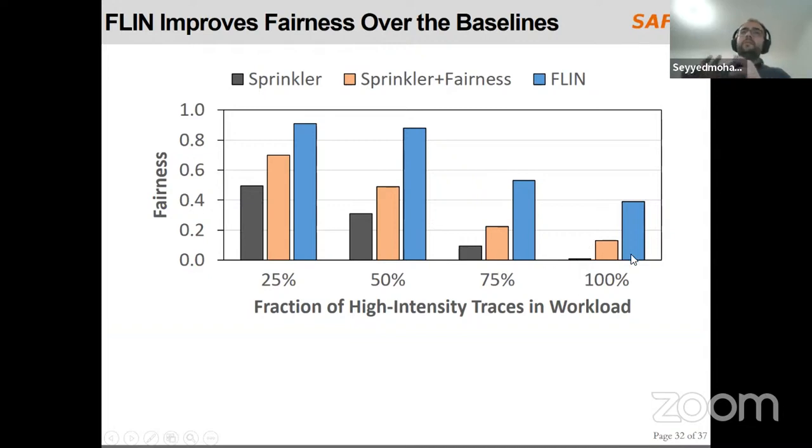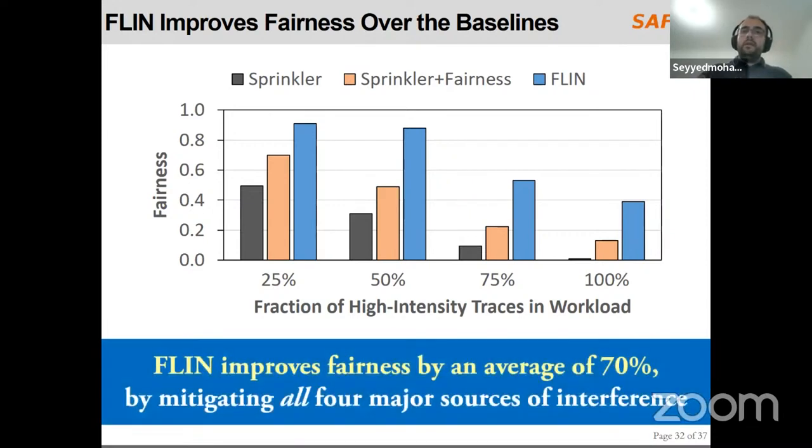But Sprinkler plus the fairness technique previously proposed for OS-level fairness can provide some fairness, but FLIN significantly improves fairness compared to them. Overall, FLIN improves fairness by an average of 70% by mitigating all four major sources of interference.